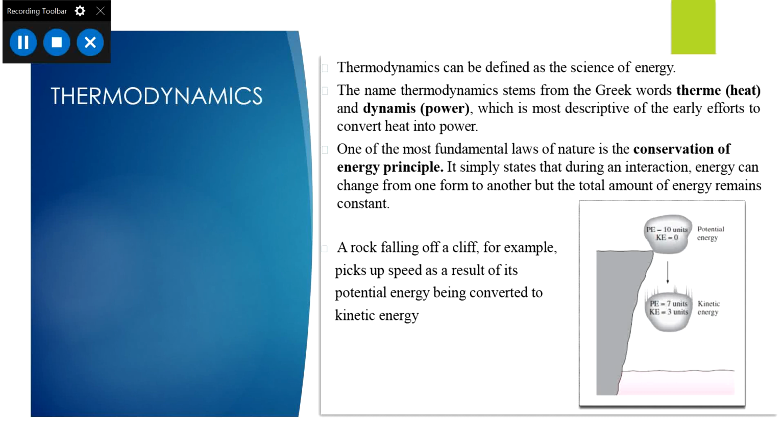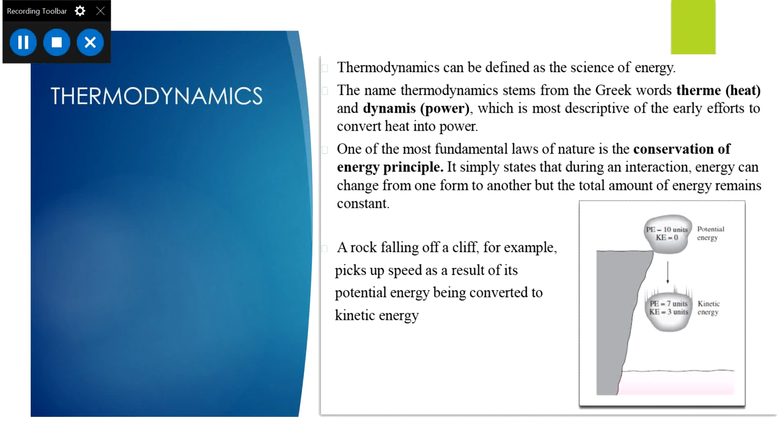When the rock throws down from the cliff, what happens? The potential energy reduces because the height changes and the potential energy depends upon the height. So potential energy decreases, and because of the velocity or movement of the rock, the kinetic energy will increase. Okay, so here say that potential energy will be 7 units and kinetic energy 3 units.